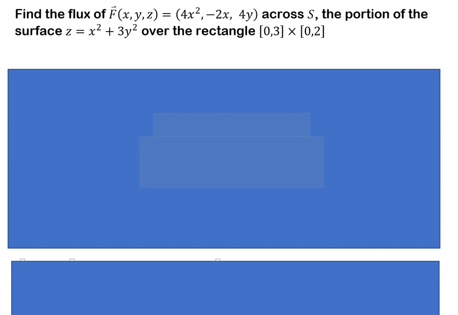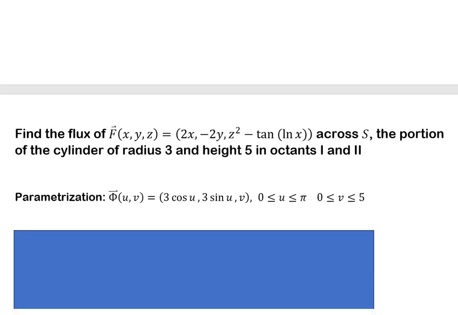We talked about orientation of surfaces, and we found that the integral of a vector field over a surface S is really just the flux of our vector field across our surface. In this video, we're going to go through some sample problems to see how we use that formula to calculate the flux of some vector fields across some surfaces.